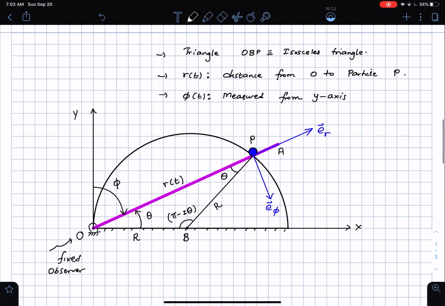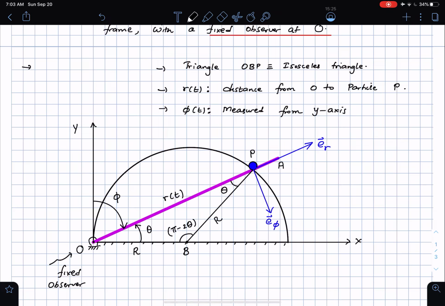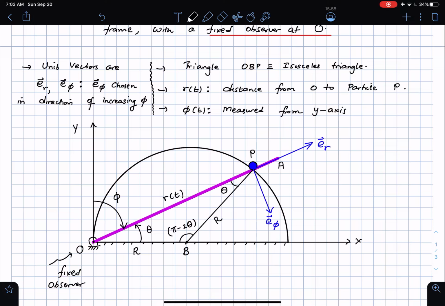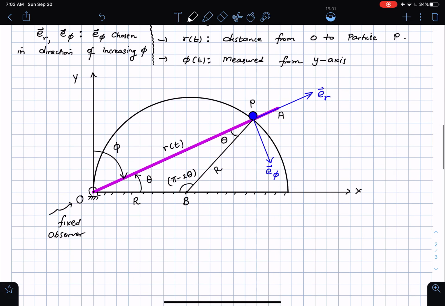So the unit vectors are e_r and e_phi, and e_phi is chosen in the direction of increasing phi. So that's something that is important as well in this particular problem. Okay, so I have my unit vectors chosen, I have my coordinate system chosen as a polar coordinate system.